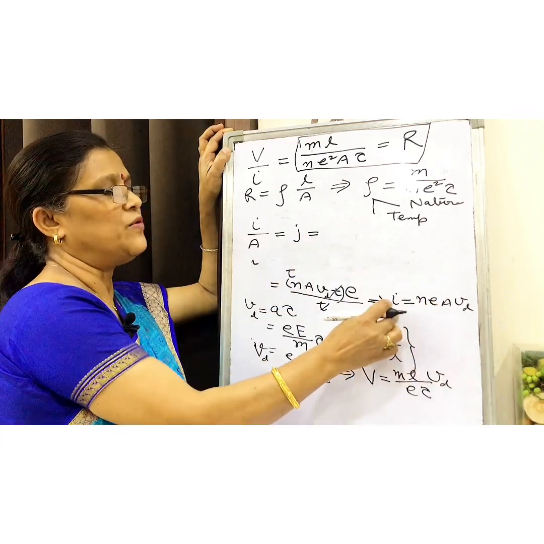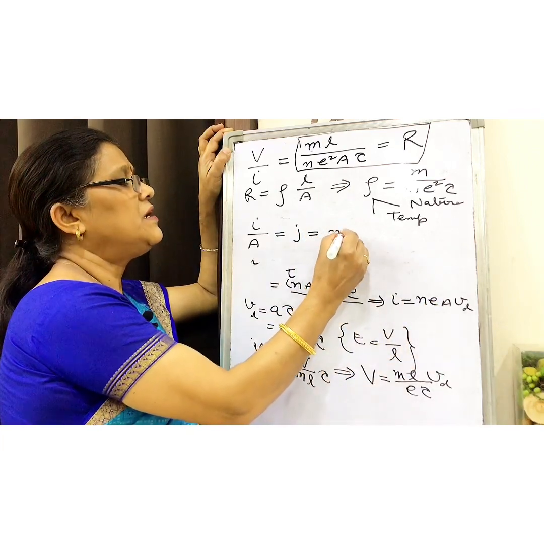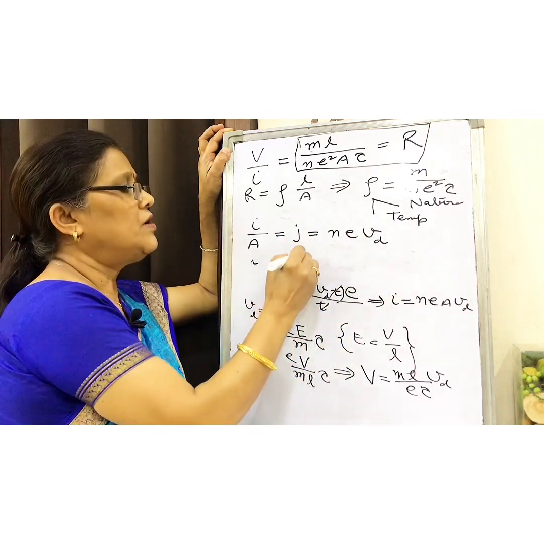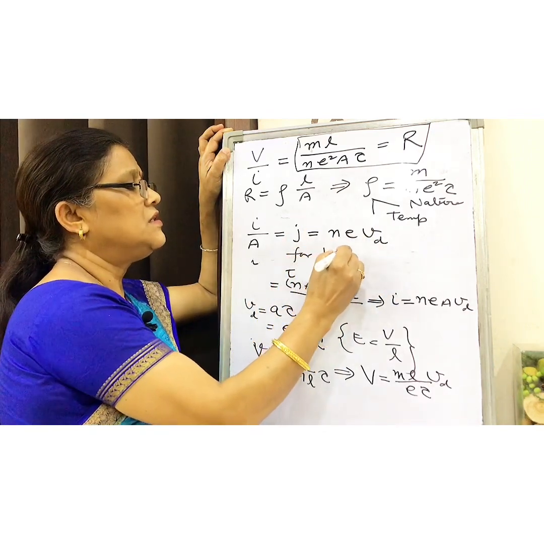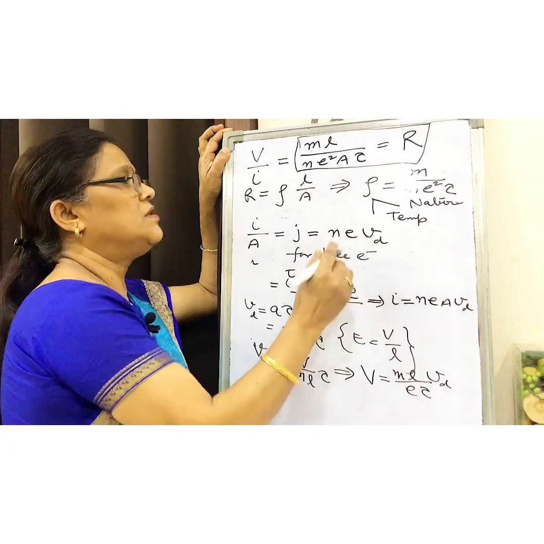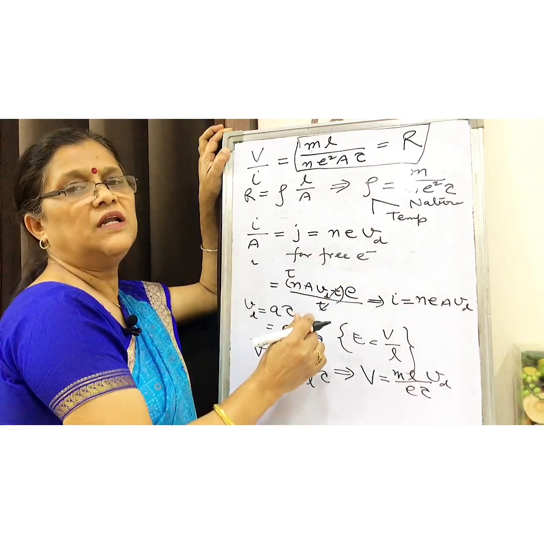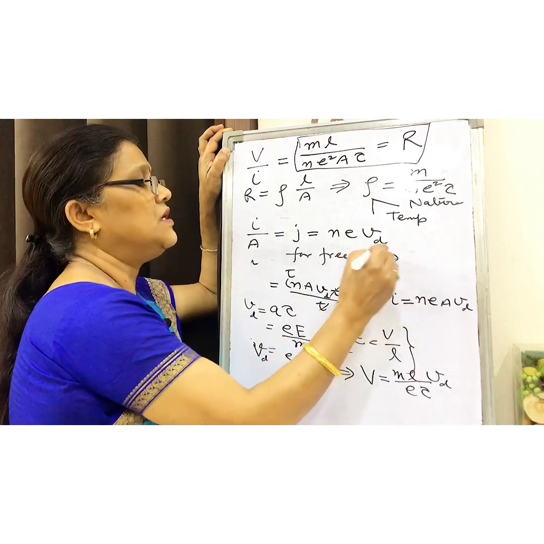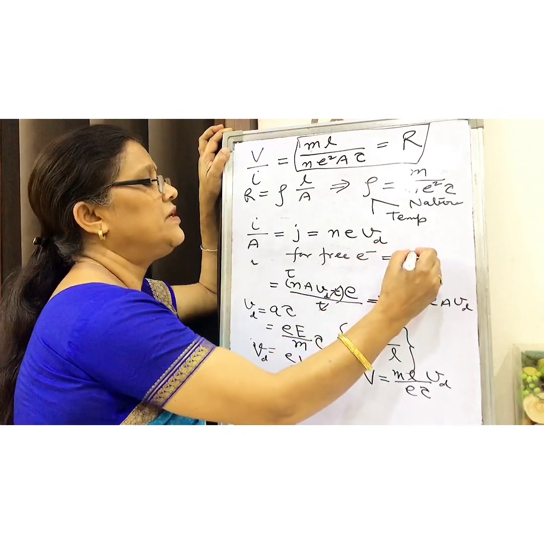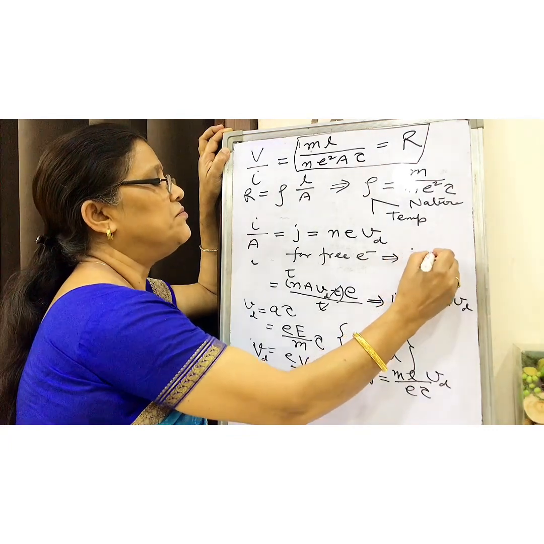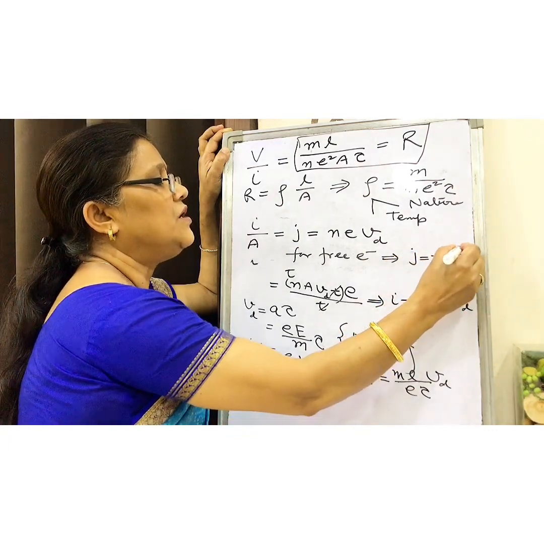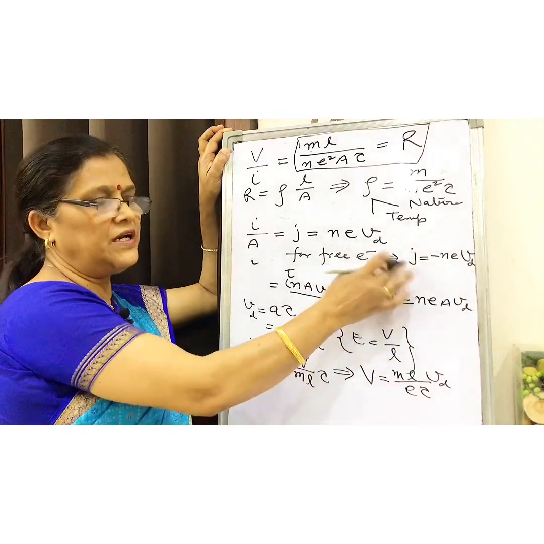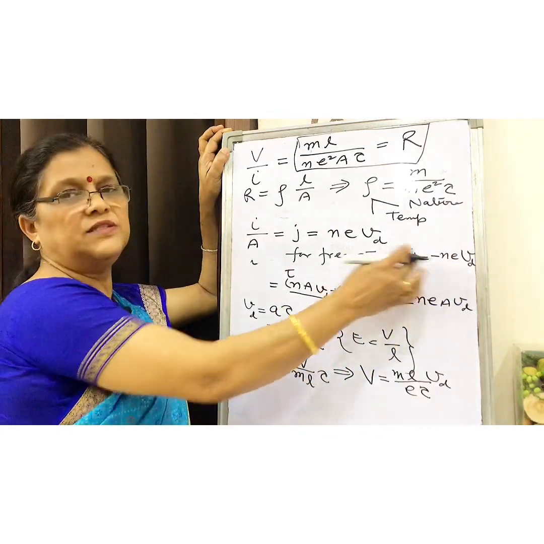This makes I upon A, you will get n e into vd. For free electrons, they flow opposite to the electric field, and electronic charge for free electrons is negative. So, this J is written as minus n e into vd. So, this is how drift velocity and current density are related.